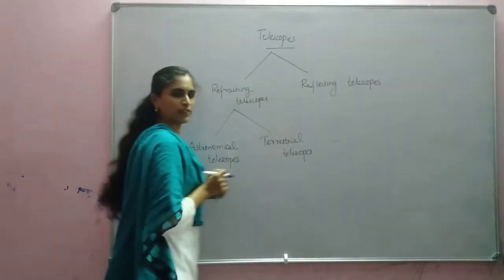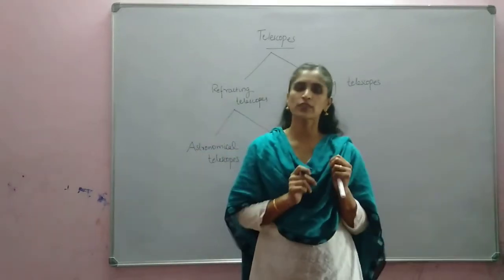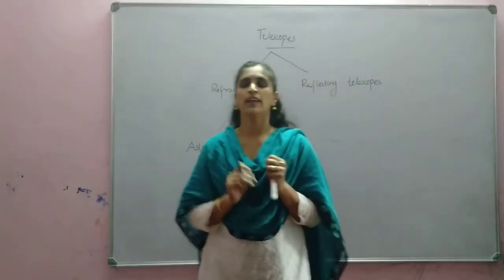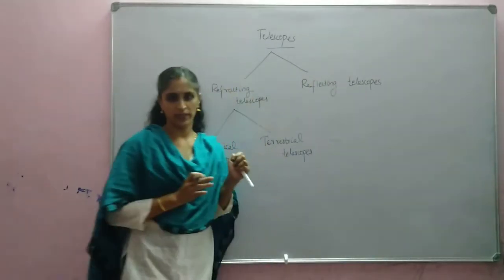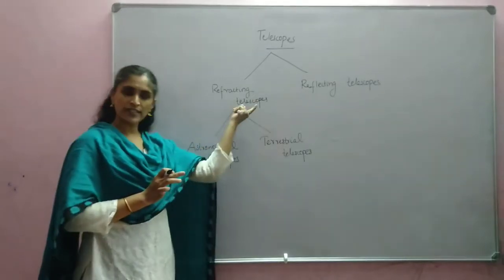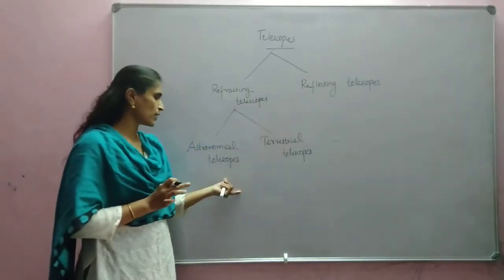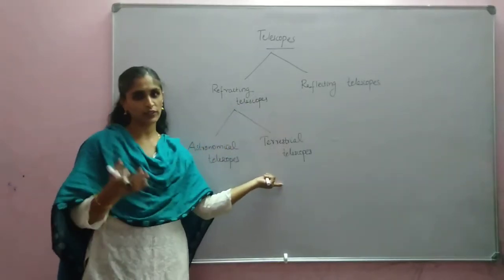So what is meant by a refracting telescope? In refracting telescopes we are using lenses to view the distant object. We classify refracting telescopes into two: astronomical and terrestrial telescope.